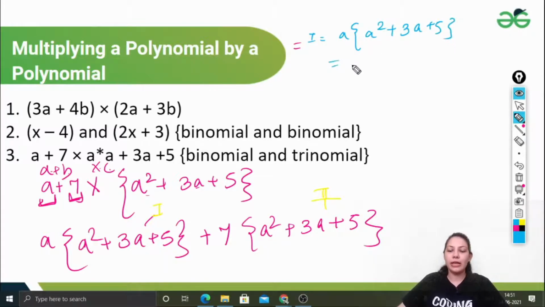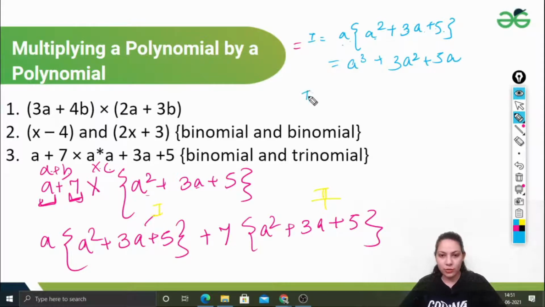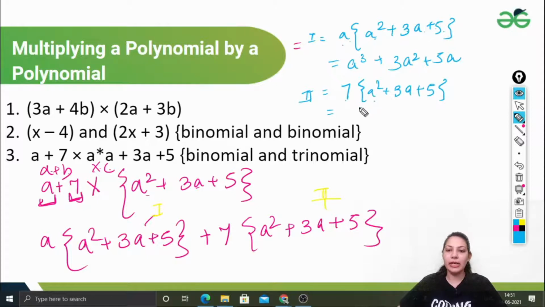So it will be a into a square, a cube, plus 3 into 1 is 3 and a into a is a square, plus 5 into 1 is 5, a into 1 is a. Let's solve the second part. 7 into (a square plus 3a plus 5), then it will be 7a square plus 7 3s are 21a plus 7 5s are 35.